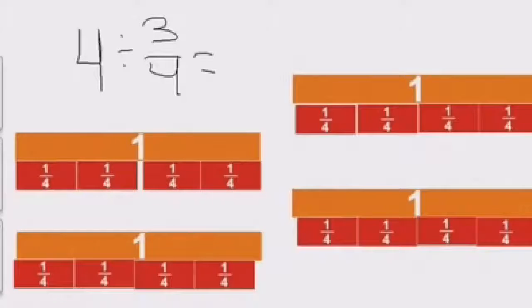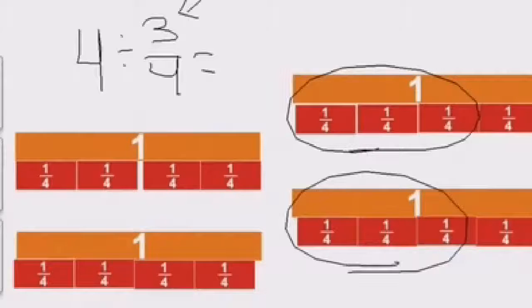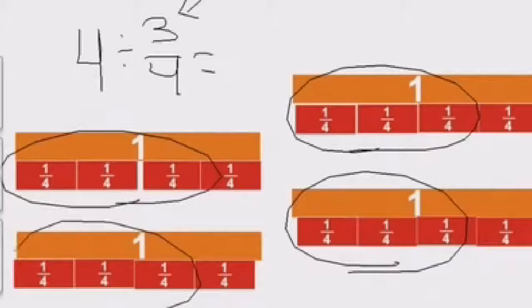Okay, and again, remember that numerator is telling us to put them into groups of 3. So circle 3 at a time. So we've got a group of 3, a group of 3, a group of 3, a group of 3.